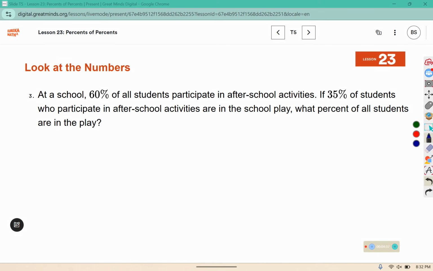At a school, 60% of all students participate in after-school activities. 35% of students who participate in after-school activities are in the school play. What percent of all students are in the play? Well, 60% participate in after-school activities, and that is 60% of the students. And then 35% of those students participate in the play.